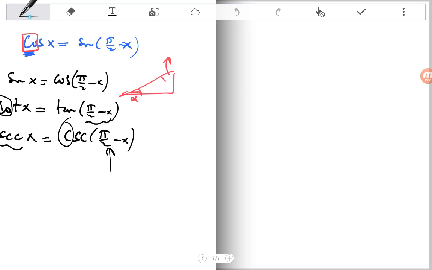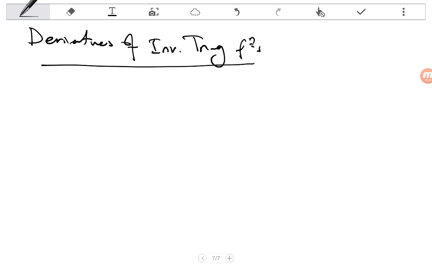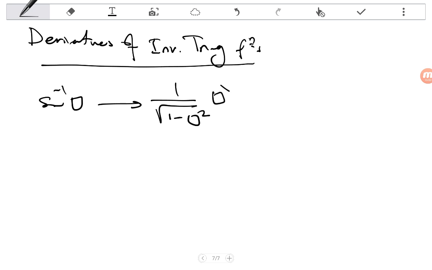Also, we will learn the derivatives of inverse trigonometric functions. There is a table. Sine inverse of something: its derivative is 1 over root of 1 minus what is inside, all squared, times, by the chain rule, the derivative of that something.